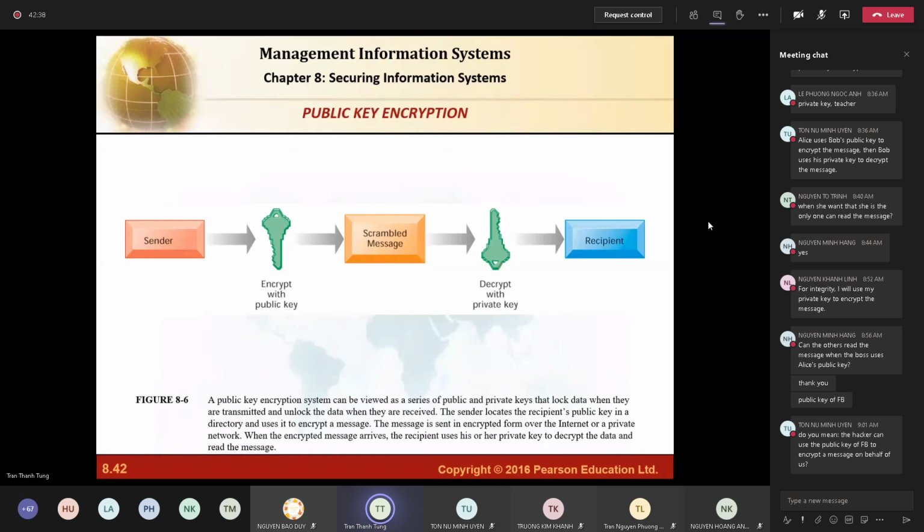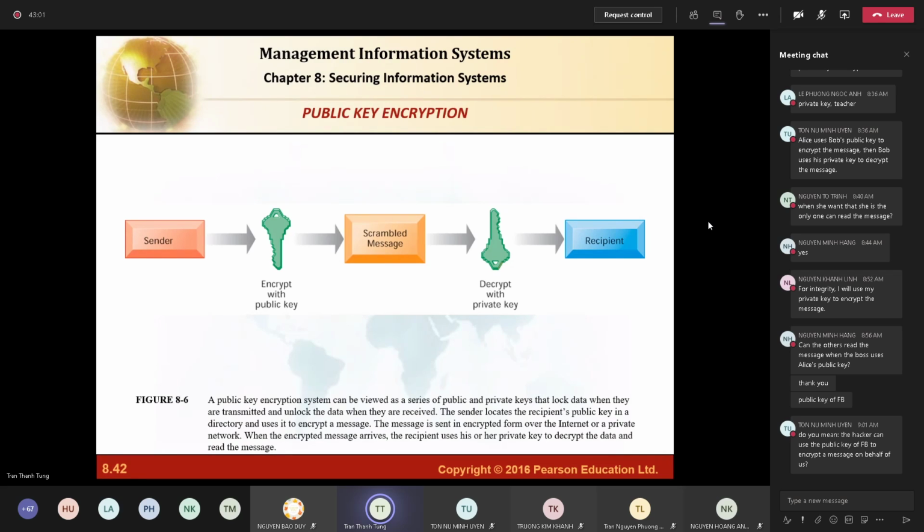Now, being asked, the hacker can use the public key of Facebook to encrypt a message on behalf of us. It is not what we care about, because that's another story. First of all, if we want to send something to Facebook and ensure that only Facebook can read the message, we use the public key of Facebook.